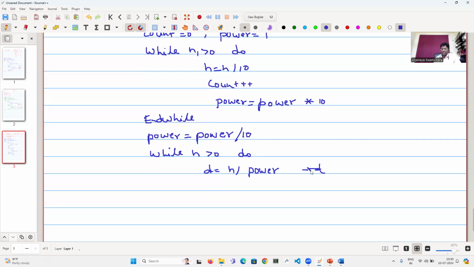Then n equal to n mod power. This is basically the floor of n by power, an integer division. Okay, so let me put it in the bracket.